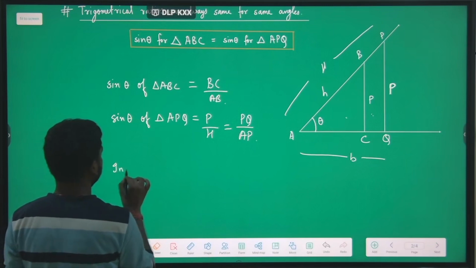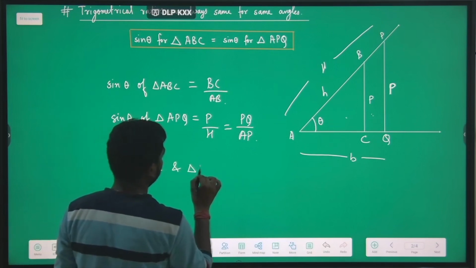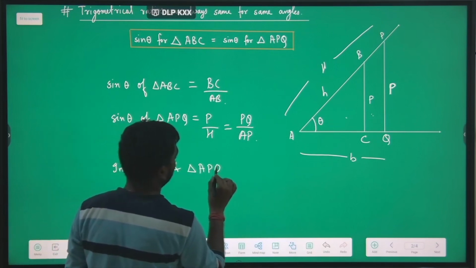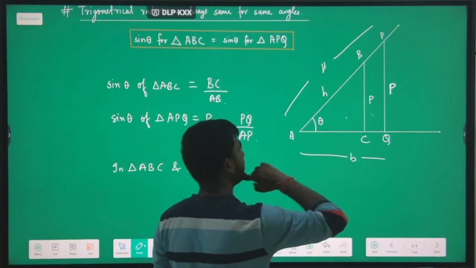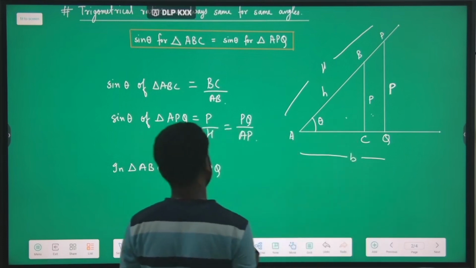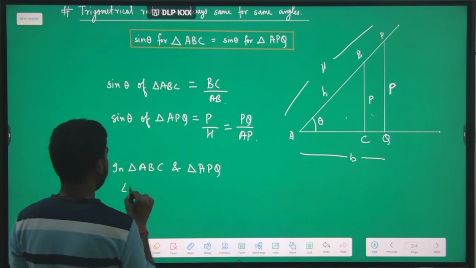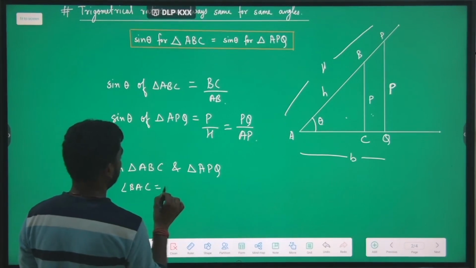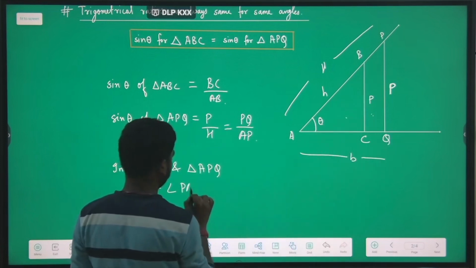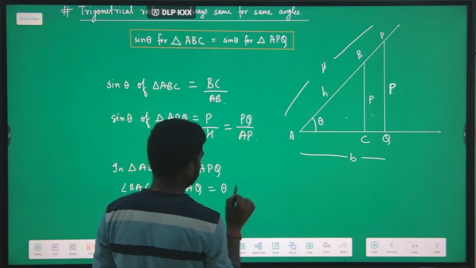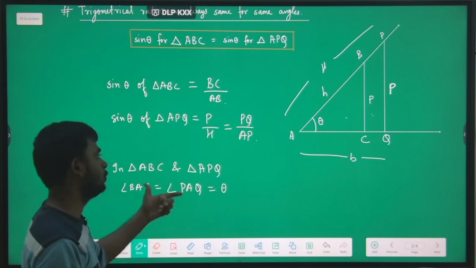So in triangle ABC and triangle APQ, this theta is equal. So we can say that angle BAC is equal to angle PAQ. Both are angle theta. So these two angles are equal, these two are acute angles and the same acute angle.